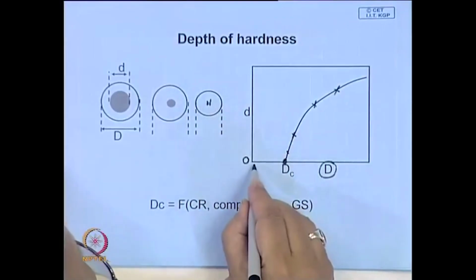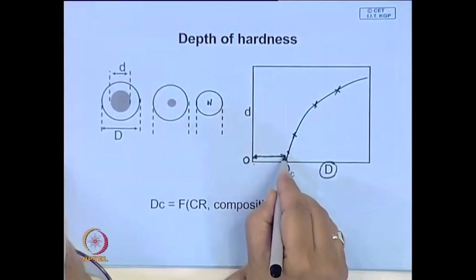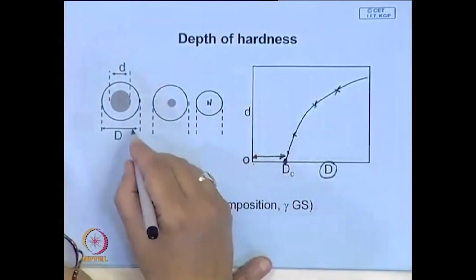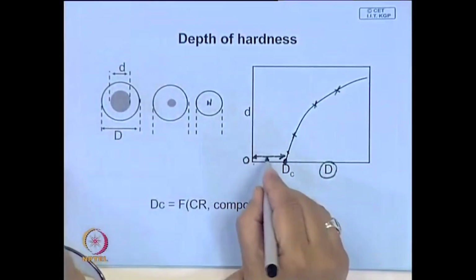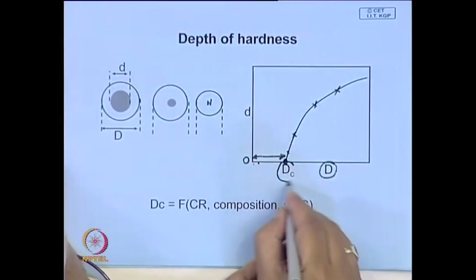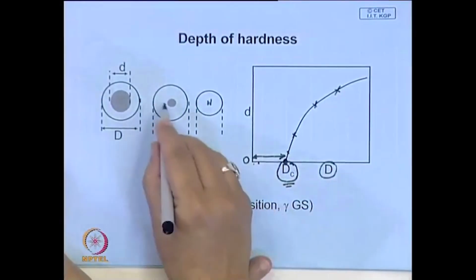So, what it means, with this quenching procedure, in the particular steel you have taken, if the diameter is less than this critical diameter, then you will be able to harden it through and through.